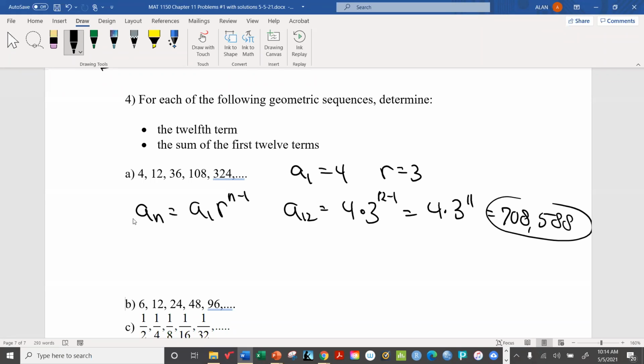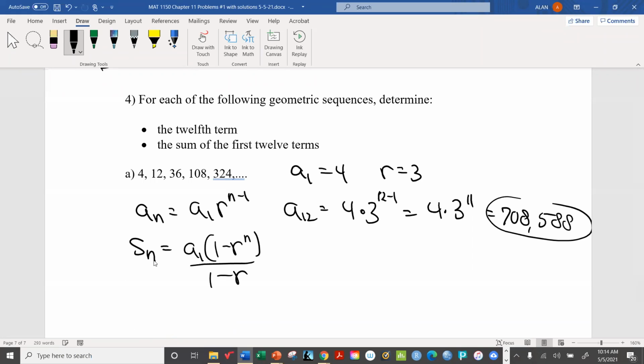All right, then when we apply our formula, 4 times 1 minus 3. Oh, I almost forgot. Make sure that this exponent stays inside the parentheses. So 3 to the 12th. There it is again.